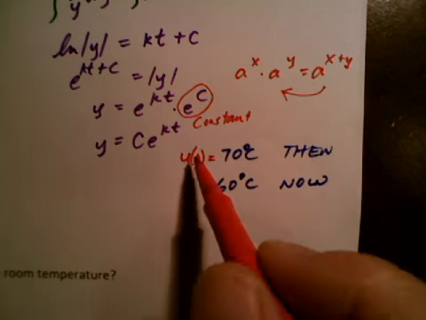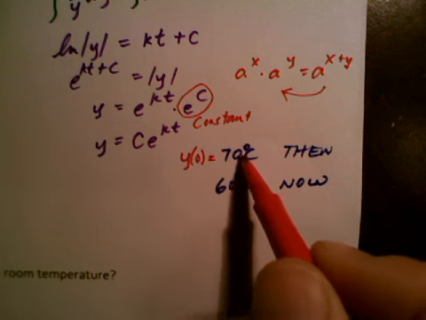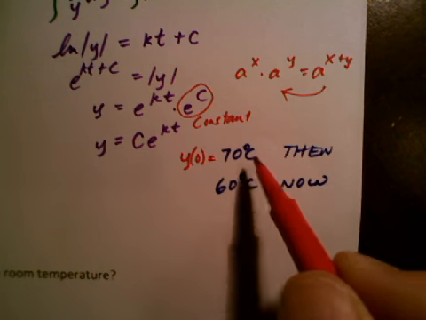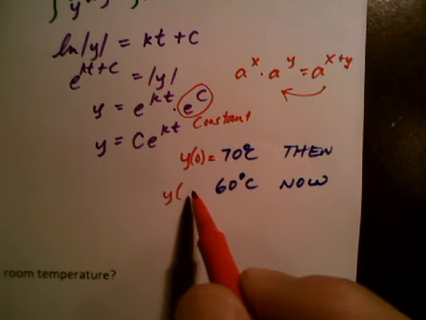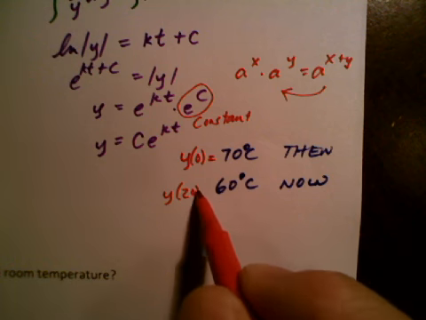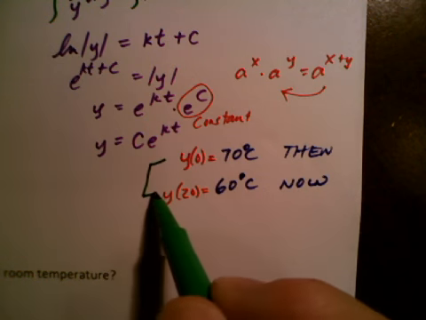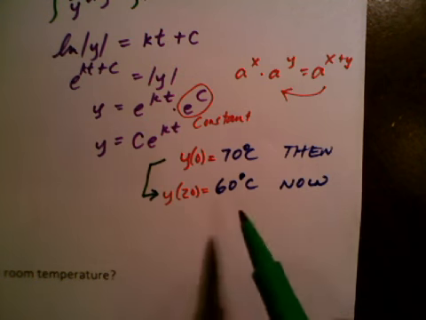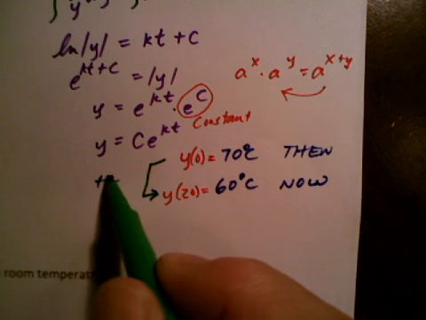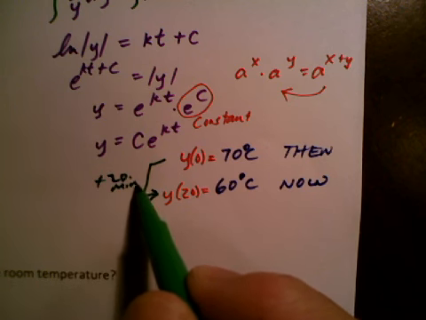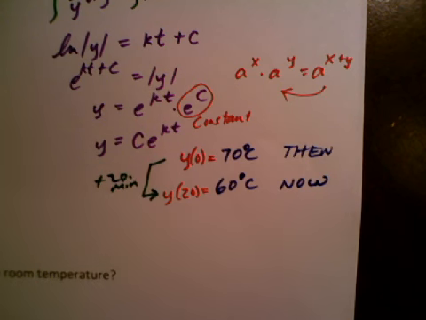In other words, when t is 0, the temperature was 70 degrees above, and then 20 minutes later, which would be y of 20, we've got our temperature at 60 degrees above. So this is plus 20 minutes.